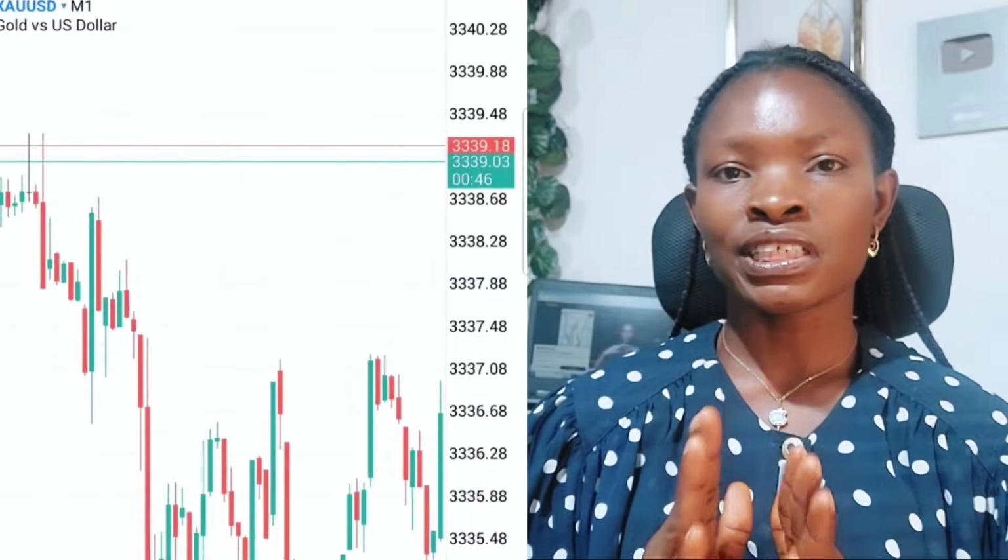When you look at that chart, each of the candles you see tells a story of what happened in the market within the time frame that you selected. For example, if you open the chart of XAUUSD on 1 minute time frame, each candle is showing what happened each minute.